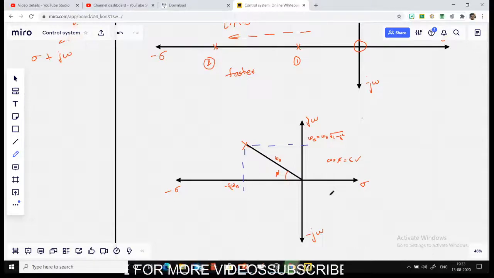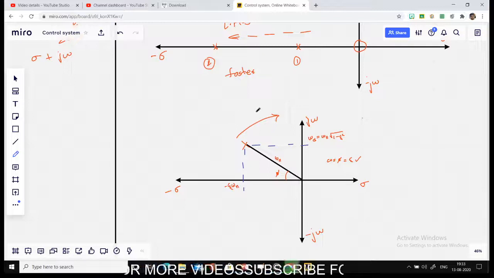One more thing I want to discuss here: what if my zeta is going to be smaller, that is 0? What is phi for cos phi equal to 0? It is 90 degrees. So as my zeta goes to 0, my pole goes towards the y-axis, which basically means no damping.